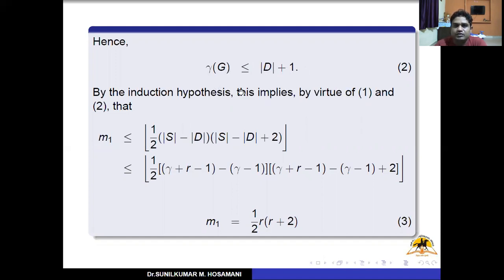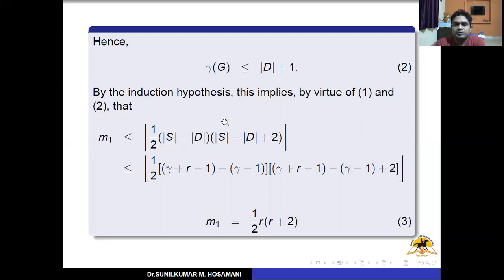Now I want to find out the number of edges present in M1, by using the hypothesis of the theorem. So the number of edges present in M1 is what? 1 by 2 times the cardinality of S minus D, meaning the domination number of this subgraph, into the cardinality of S minus the cardinality of D plus 2.